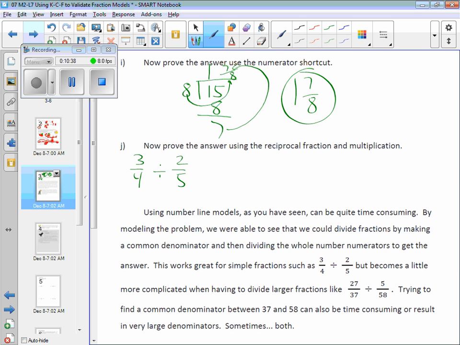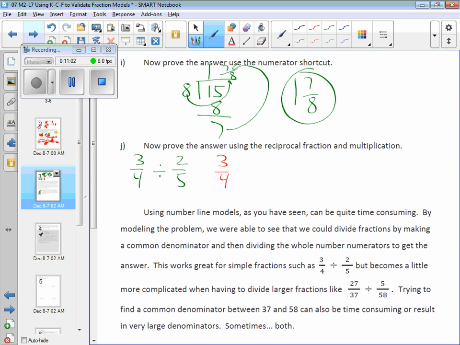Here's how it works. You take that 3/4 and you keep it exactly the way it is, unchanged as 3/4. So I'm going to rewrite it as 3/4. We change division to what, Tyler? Multiplication.